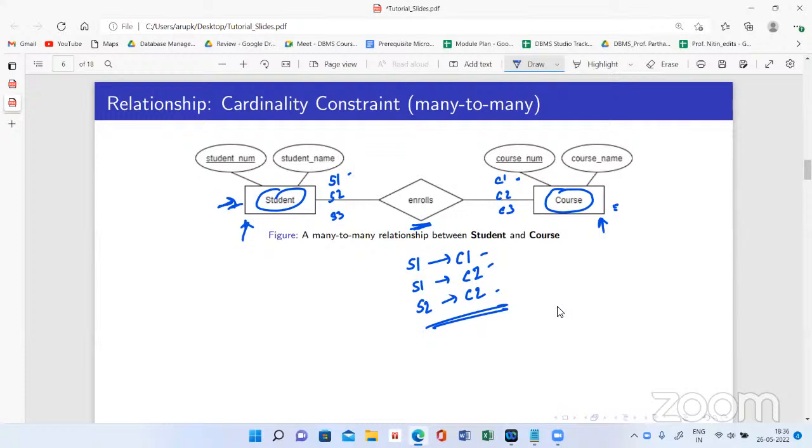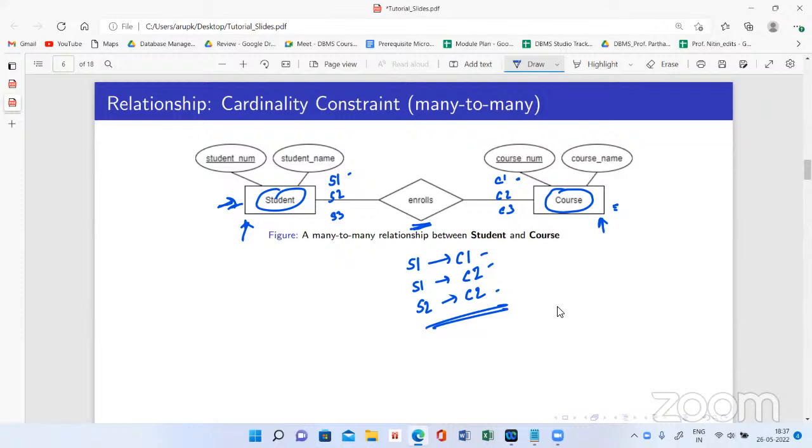What could be the relation? You can see a student can take more than one course, because S1 has two courses, C1 and C2. 1:n? No, it is many to many, because C2 is again taken by many students, here two students.